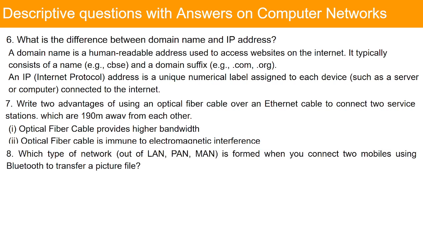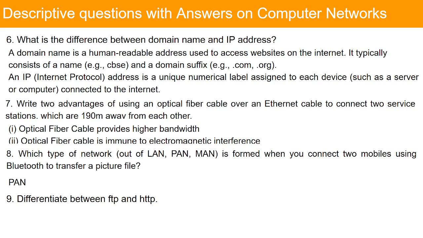Question number 8: which type of network out of LAN, PAN, MAN is formed when you connect two mobiles using Bluetooth to transfer a picture file? This is a very simple question and one can answer very easily. The answer is PAN, Personal Area Network. Next question: differentiate between FTP and HTTP.